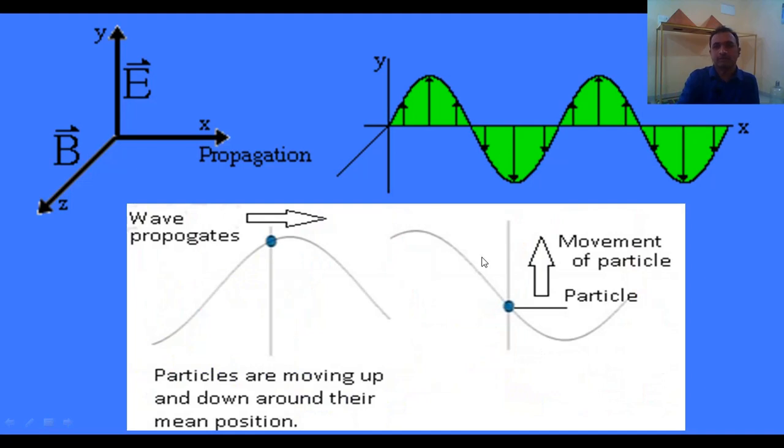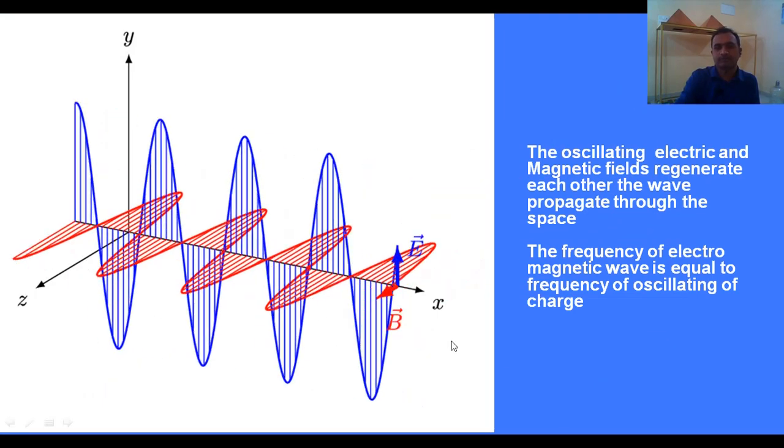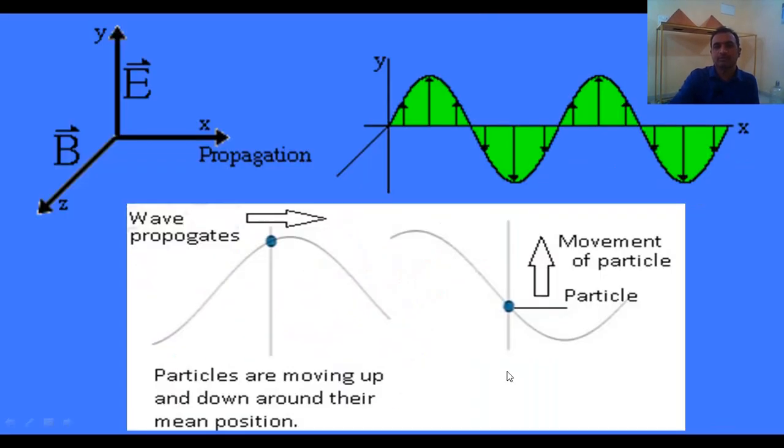See here, the particles move up and down while the wave propagates in this direction. The particles always move up and down around their mean position. I already showed in this figure that the particles move up and down about this position.